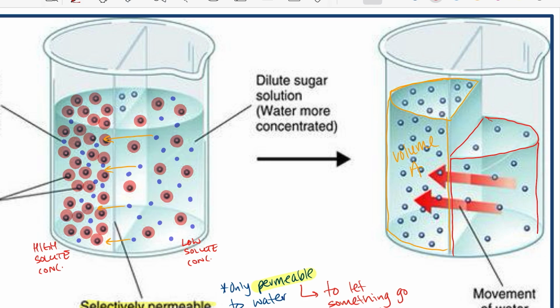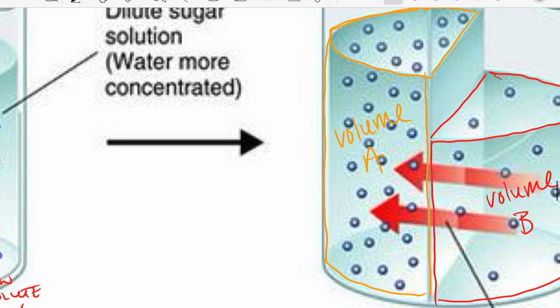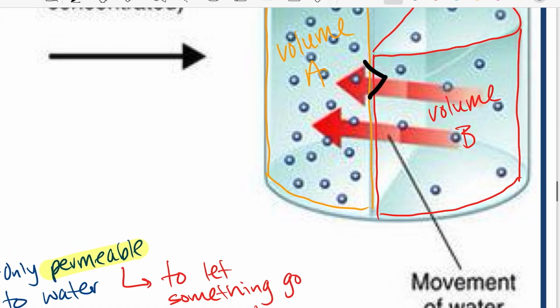So the volume on the left-hand side is occupying more space. Volume A now is greater than volume B, which means that this is going to cause the concentrations to become equal.